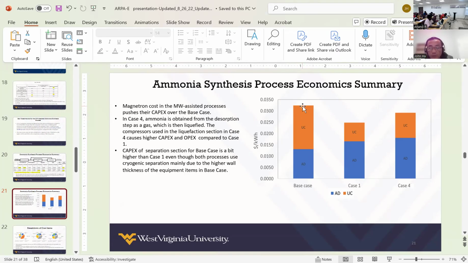Haber-Bosch is more expensive. Do you see that? The bars are much taller than this. But if you look at the detail, the breakdown, actually the Haber-Bosch capital cost is not that bad. It's actually lower than the other two. But the problem is operating cost. Why operating cost? Because they use cryogenic separation, high pressure, and also they have a condenser. All right. So that's why the new technologies are much lower.